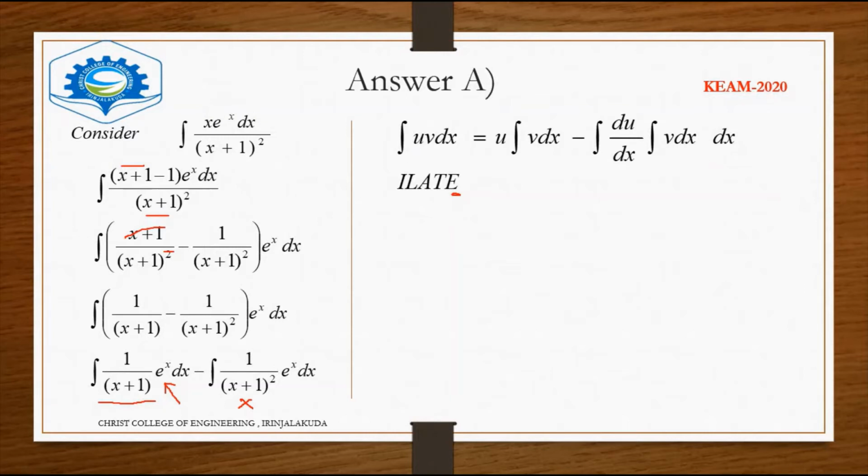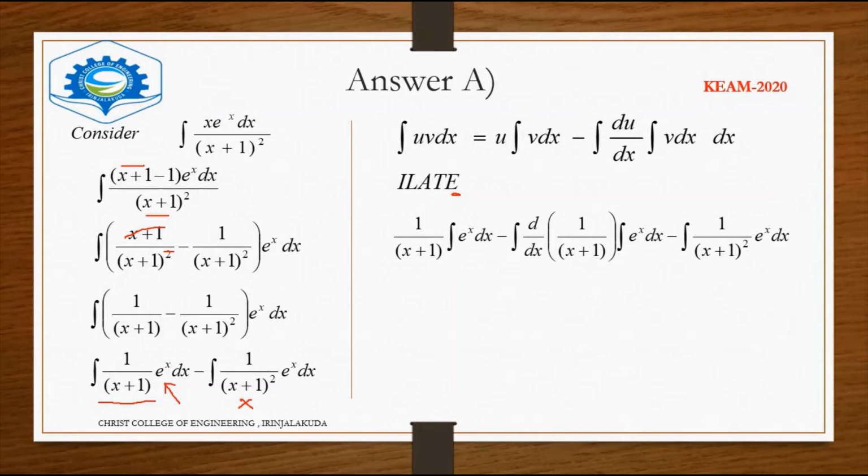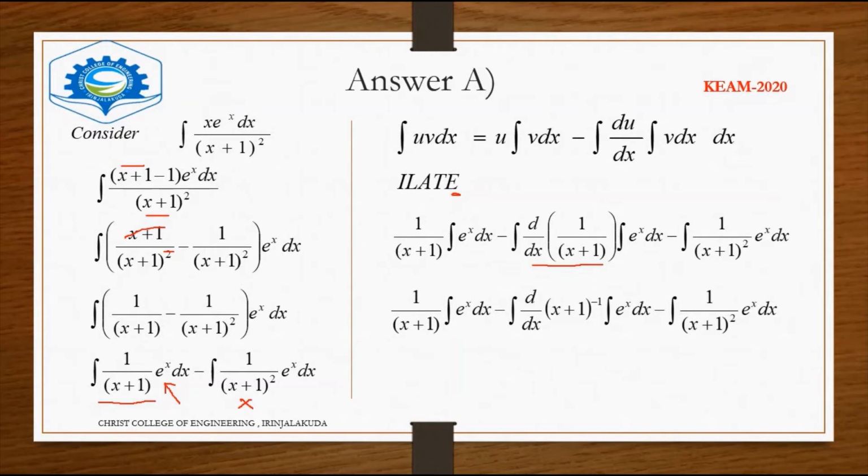Now after applying the integration formula, you will get an expression like this. Now here in this term, you can apply the quotient rule, or else what I am going to do is, I am going to bring the x plus 1 in the denominator to the numerator. So it will become x plus 1 the whole raised to minus 1.